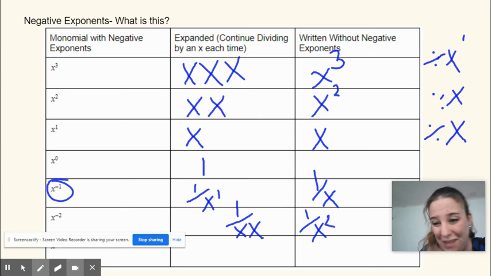This might seem really confusing, but I know this helps some students. There are some students that thrive on just getting the rule, and some that thrive on understanding it. It's a really weird year, so I'm just trying to throw everything out there at you. But the main takeaway is if you have a negative exponent, you need to change its location and make it positive. And this also illustrates why anything to the 0 power is 1.